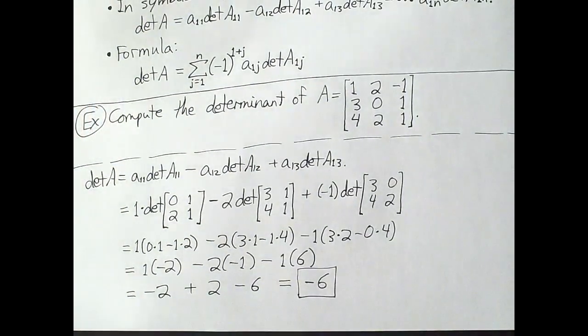So that's about how much work it takes to do a determinant of a 3 by 3 matrix. We actually had to do a bunch of 2 by 2 determinants within the problem. So I'm going to give you one of these to try. We're going to move this page and I'll give you a problem.